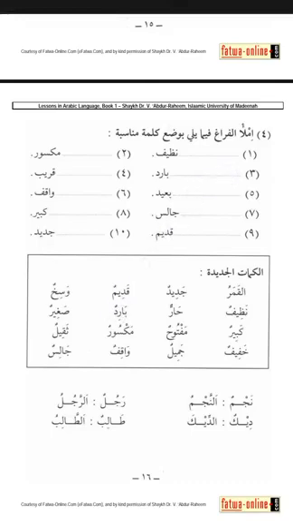Al-kalimatul jadidatu, new words. The first one, al-qamar, the moon. Jadidun, new. Qadimun, old. Wasikhun, dirty. Nasifun, neat. Harun, hot. Baridun, cold.